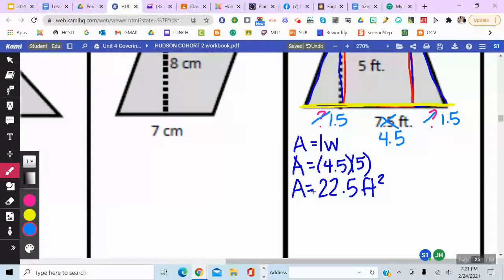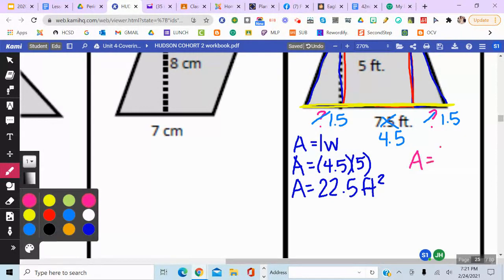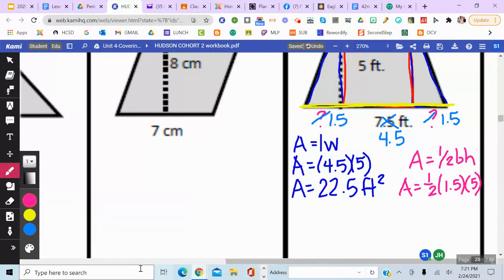All right, so now that I have my base of my triangle and my height, I'm going to go ahead and start solving. So first thing, I'm going to start with my formula, area equals 1/2 base times height. And then I'm just going to plug in my information. So 1/2, 1.5 times 5. And I'm going to go back to my calculator.